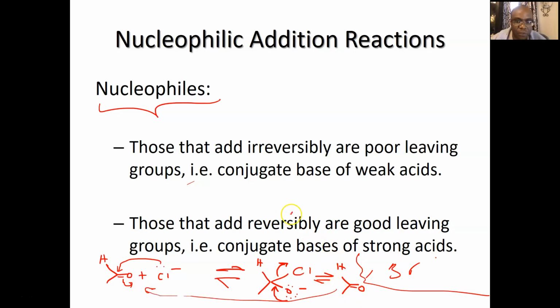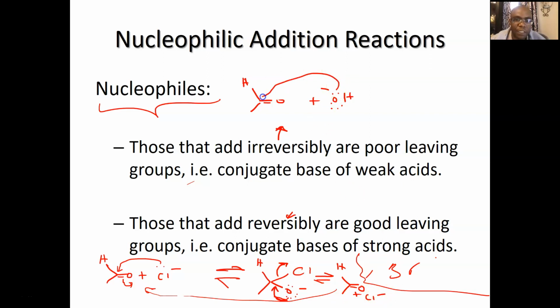So that's reversible. Those that do irreversible are poor leaving groups. For example, OH, because if OH leaves, it makes a strong base. Good leaving groups must make weak bases. For example, here, once you make back your carbonyl and Cl leaves, you get Cl minus, which is highly electronegative, and it's a good leaving group.